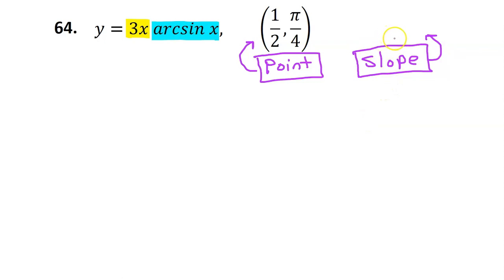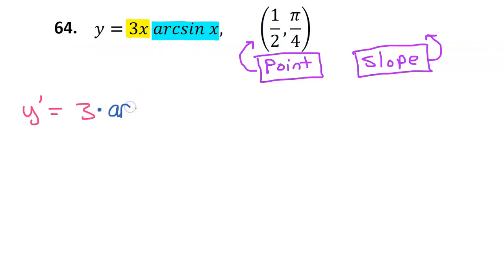In order to find the slope, we will have to find the derivative, which will give us the slope of this curve at any point, including this one. So this is a product, so we will have to use the product rule. I'm going to take the derivative of the first factor, which is just going to be 3, and then I'm going to multiply by the second factor unchanged.